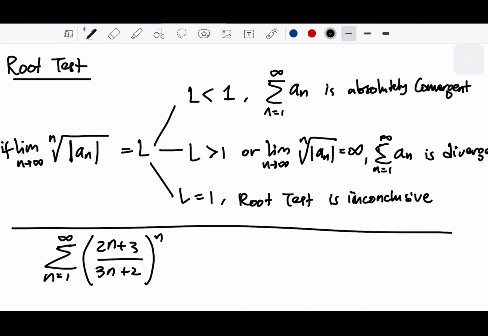It's not really widely applicable to all series, only for those that have the power of n.